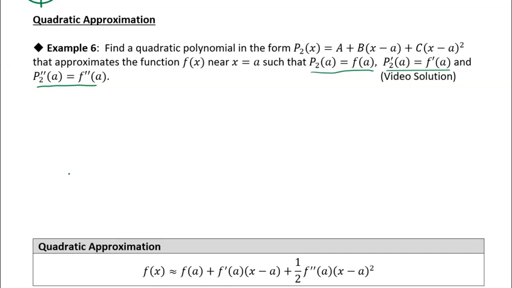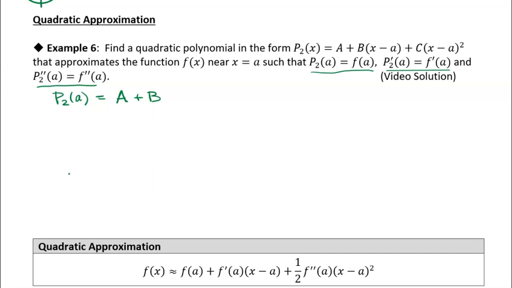The first thing is that we want the value of the polynomial at a to match the value of the function at a. So the first thing I'm going to do is just put in x equals a into this polynomial. And you'll see that we have A and then x minus a. Because if x is a, well, I'll just go ahead and write it out.